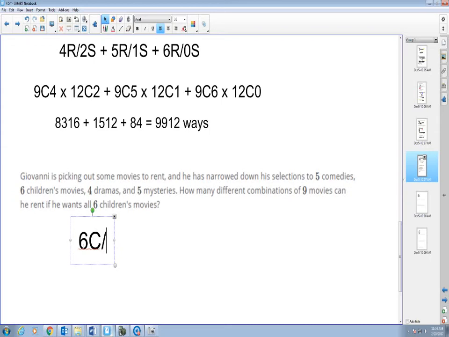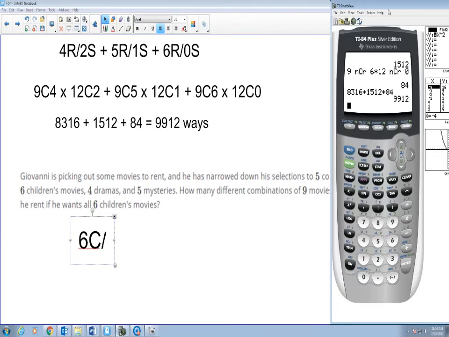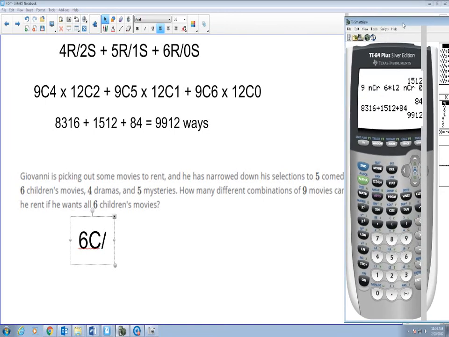So this is basically 6 children and how many of other ones? Well, 5 comedies plus 4 drama plus 5 mystery. There are 14 other ones. So 6 children means we will end up with 3 other ones.